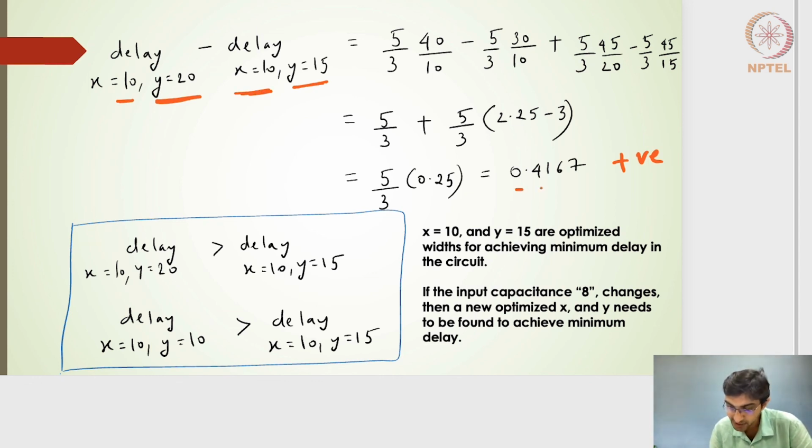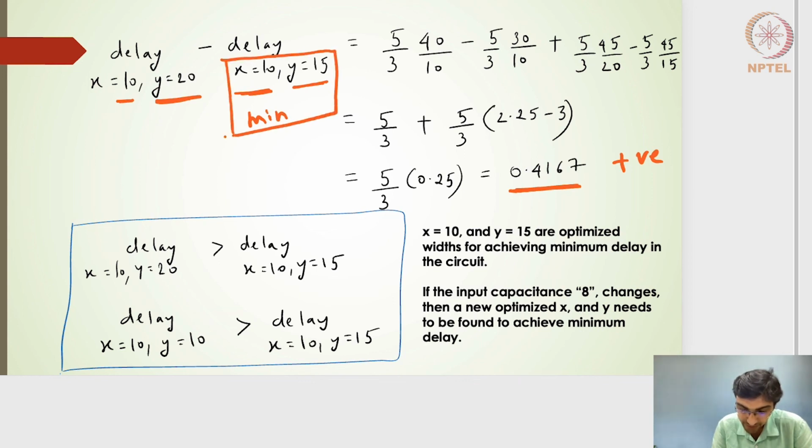Right? So in that case, it is positive, and thereby my delay is optimum or minimum for x is equal to 10 and y is equal to 15. For any other values of x or any other values of y, it turns out that the delay is more. All right. So that's what we have tried to verify.